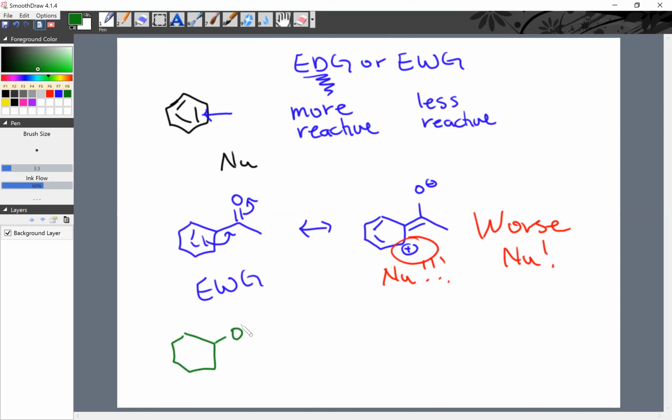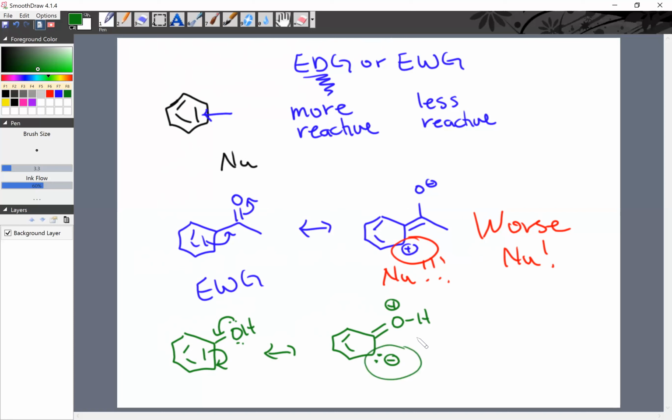Ooh, let's put an OH this time. Oh, it's pushing in. Woohoo! Look what's on the benzene now.